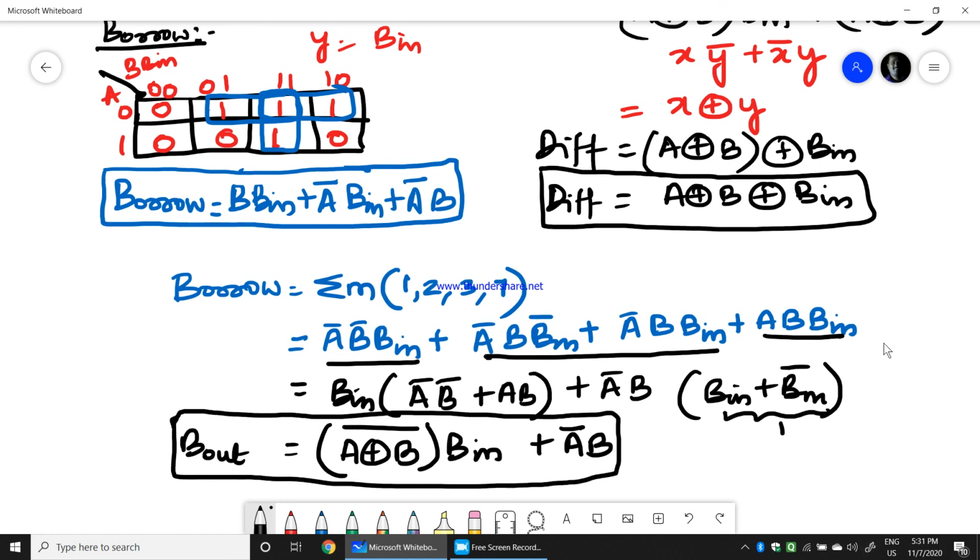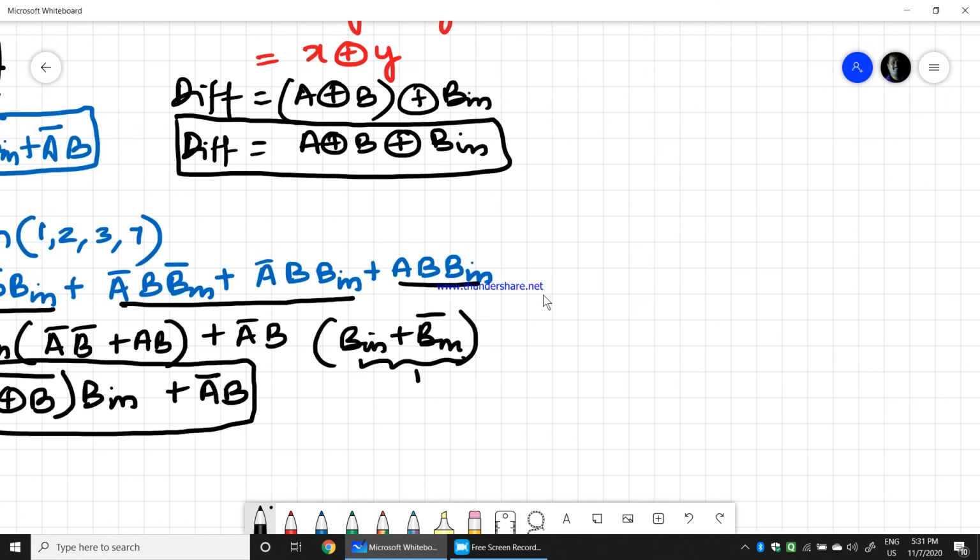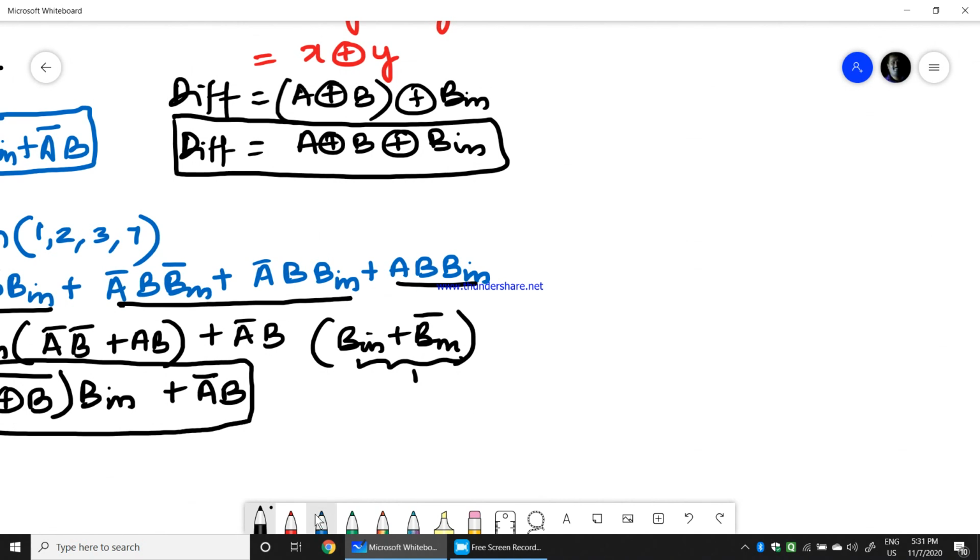Now with these two expressions, let us see how to implement using basic gates. First of all, we know difference is A XOR B XOR B in.